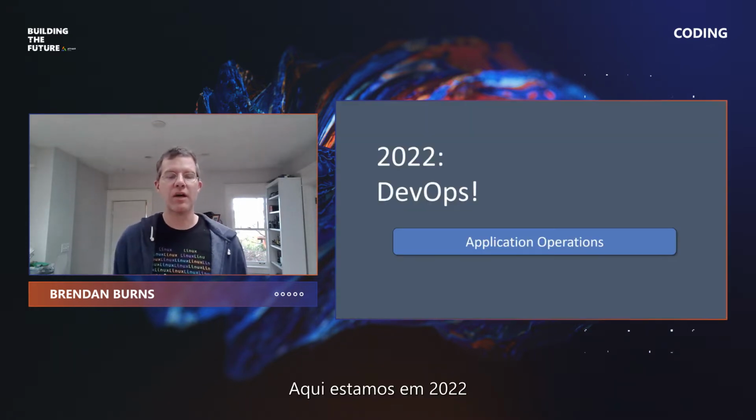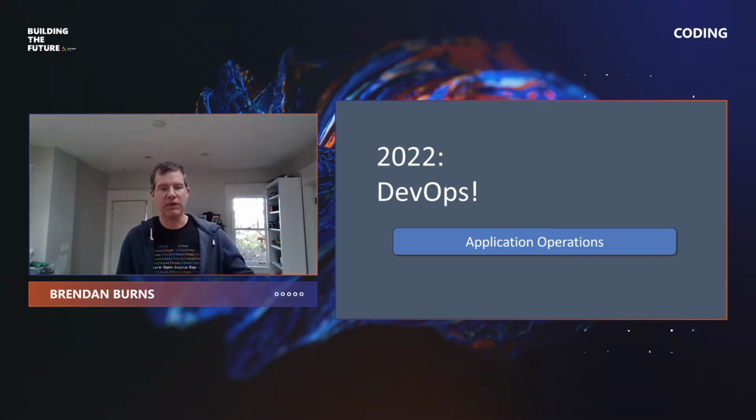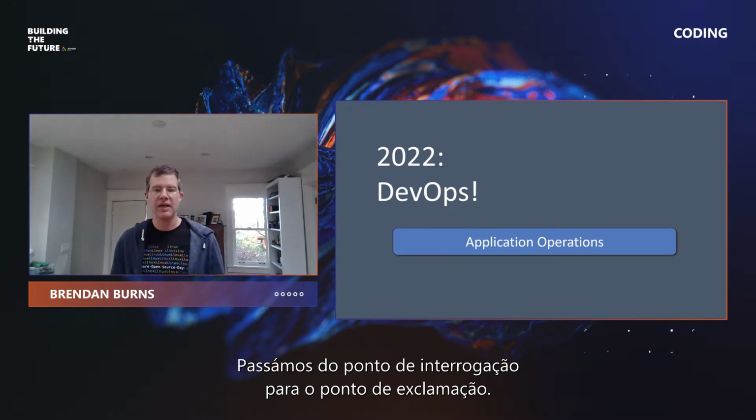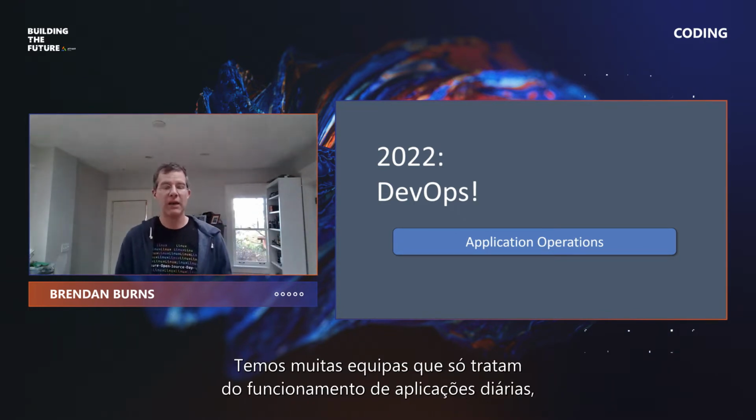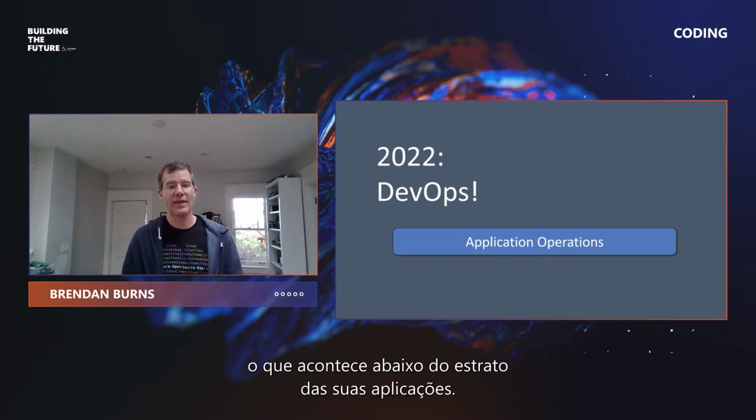Now here we are in 2022, and I think we've really achieved what DevOps was trying to do a decade before. We've transformed that question mark into an exclamation point, and we have many teams who are focused solely on operating their application and delegating to others, and in many cases even forgetting what happens below the layer of their application.